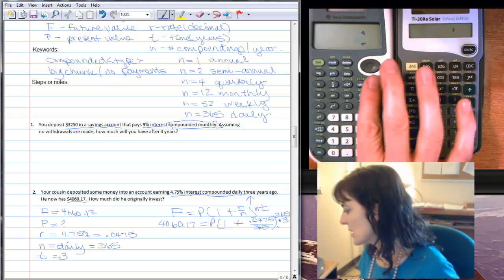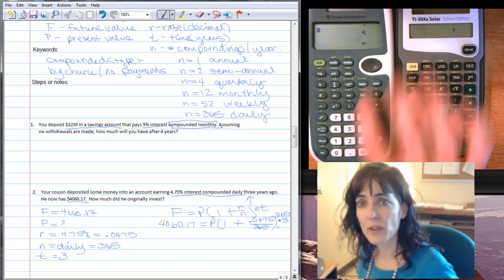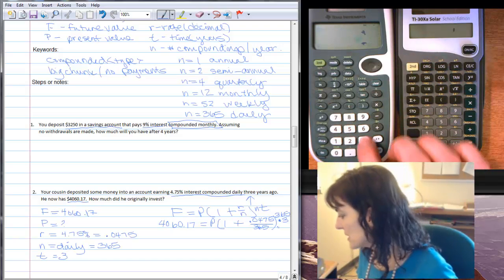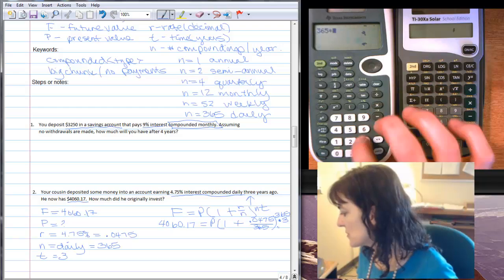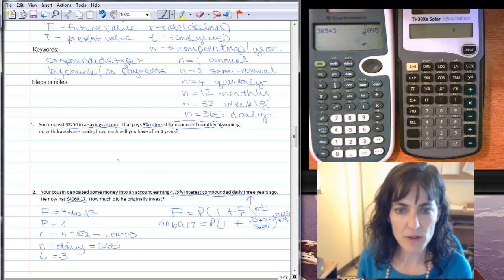I'll show you on this calculator. So I can do clear, and then 365 times 3, and there I get 1095. So I'm just going to write that.